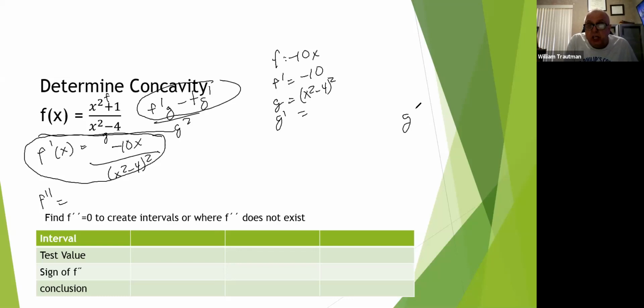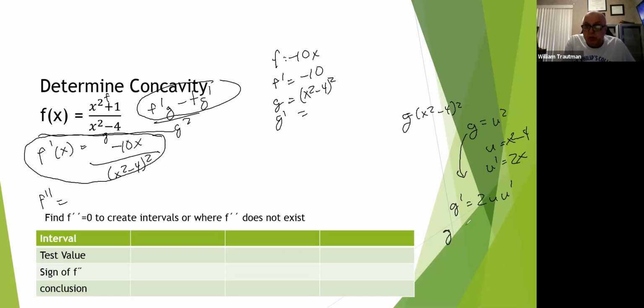So if G is (x squared minus 4) squared, I'm going to change it to G is u squared, where u is x squared minus 4 and u prime is 2x. So if I mess with this, the derivative of G then is 2u u prime.